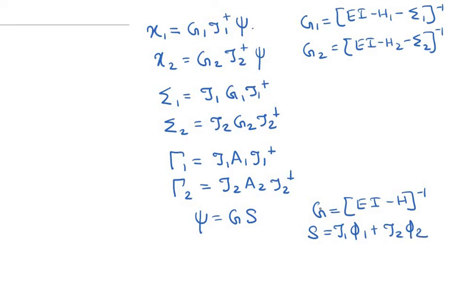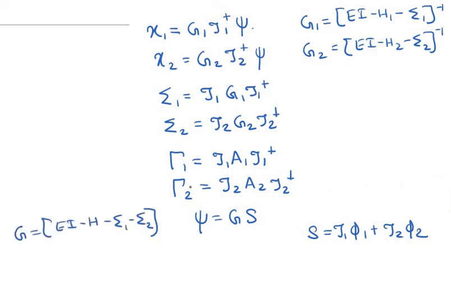Sorry, we have to write the sigma matrices also in the Green's function. So g is equal to (EI minus H minus sigma 1 minus sigma 2) inverse. We again ran out of space here, so I'll just put it to the left and write it as inverse.